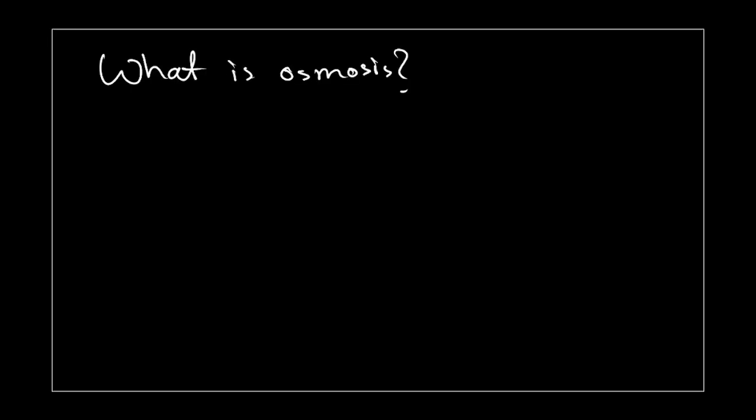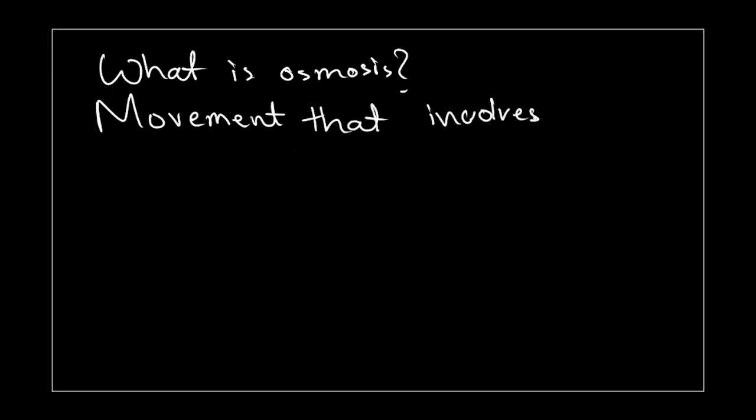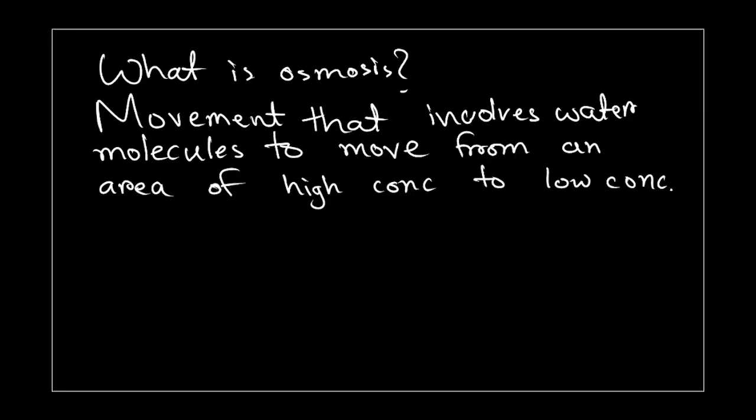You can say that it is a special kind of movement. Again, we're using the word movement because it involves diffusion. It is a special kind that involves water molecules moving from an area of high concentration to an area of low concentration.